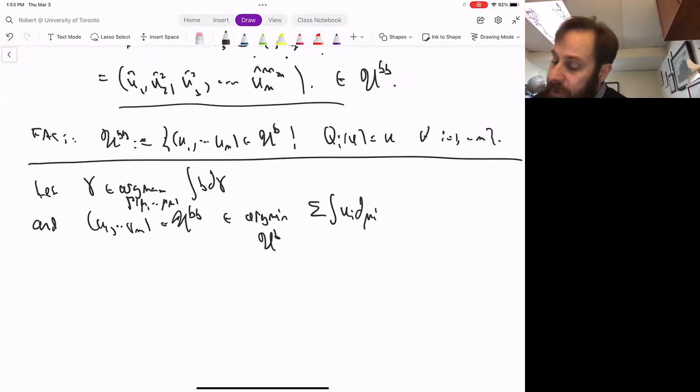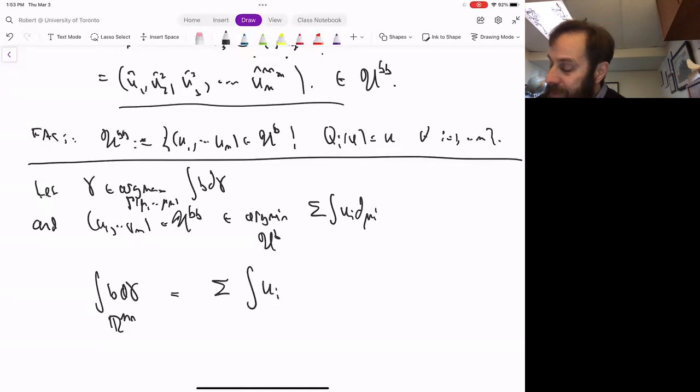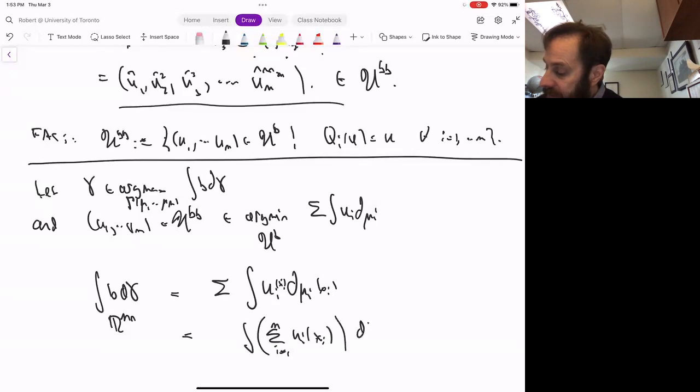It means that when I take this maximizer and minimizing pair, the integral of B d gamma over R^(nm) is equal to, because the min max equals the max min, the sum of the integrals of ui(xi) d mu i. And so that's basically like the integral of the sum, i counting from 1 to m, of ui(xi) against gamma.